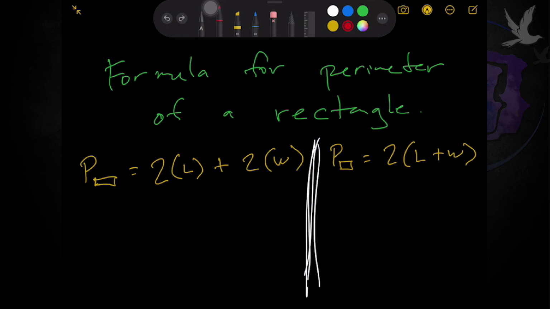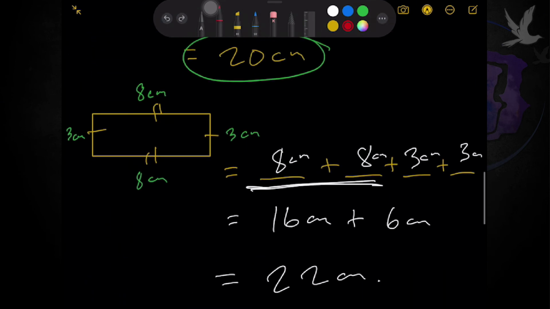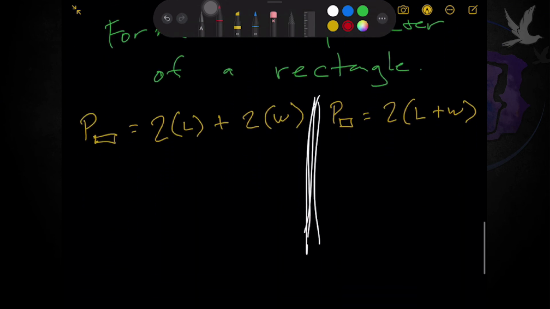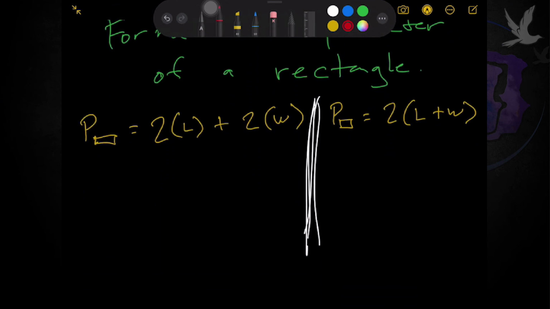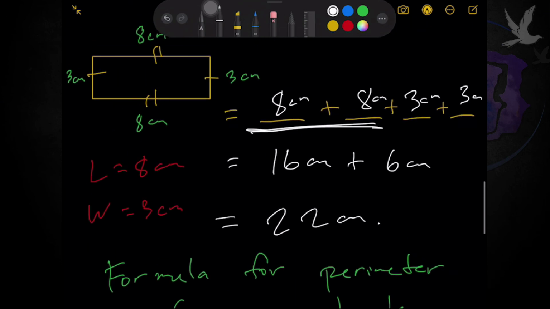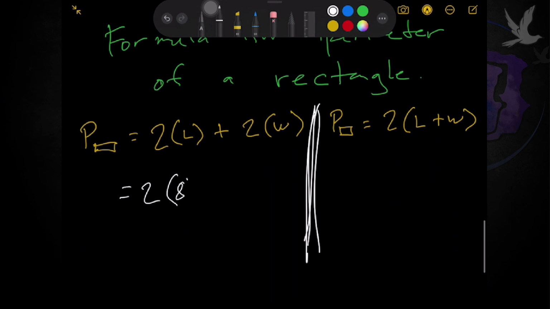Okay? So try natin making our example dito, identifying our length here, it's equivalent to 8 centimeters and our width is equivalent to 3 centimeters. Let's try to compare our answers. Try na natin yung answer to. 2 compared to our length here is 8 and our W is 3.